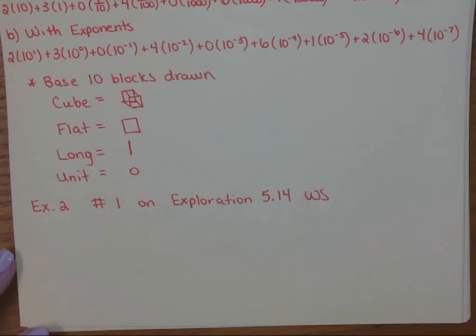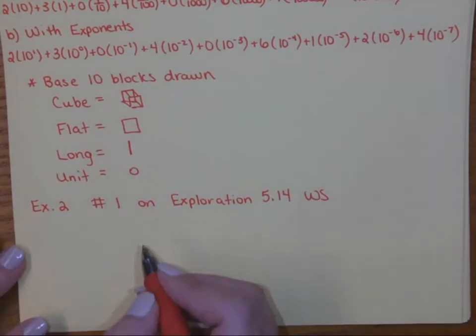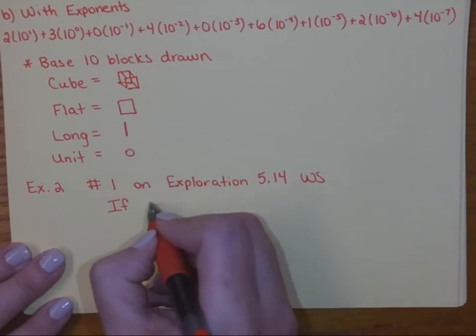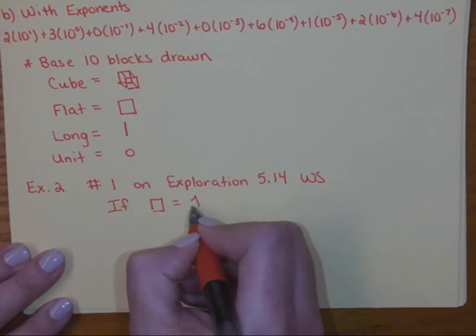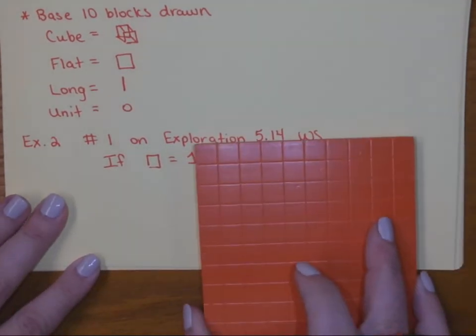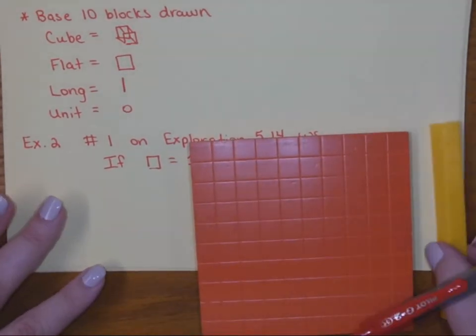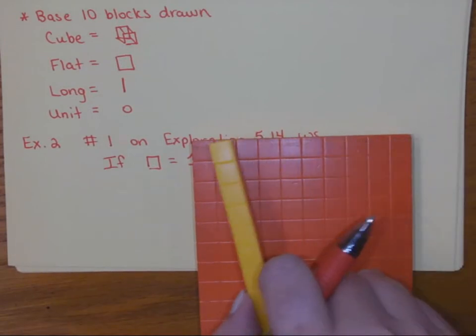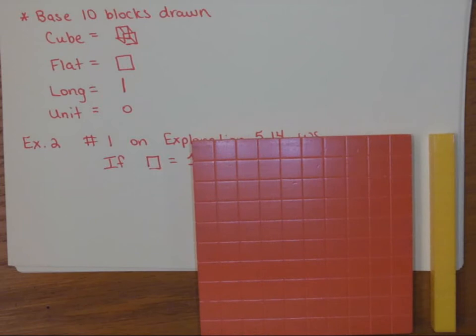The first thing is we have to decide what the whole is. So let's say that we made a flat the whole. Let me show that. If the flat is a whole, that means each of these strips or longs would be 1/10, because literally it takes 10 of these to line up to get the whole.